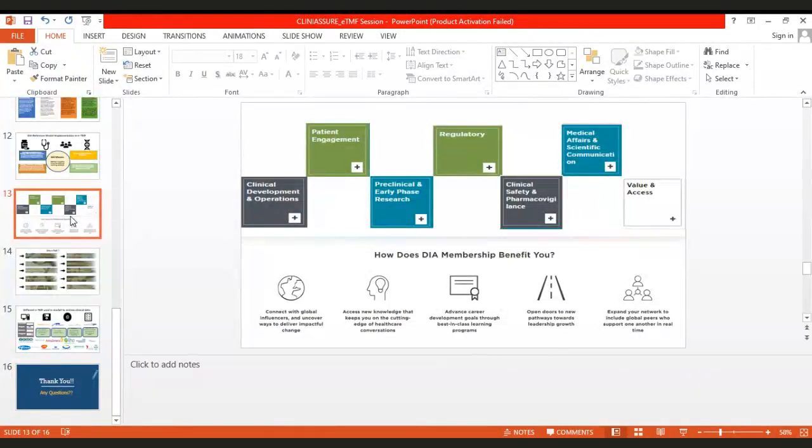Paper TMF and electronic TMF, which is more convenient and which is more important? Electronic TMF is more convenient, easier, and saves time.